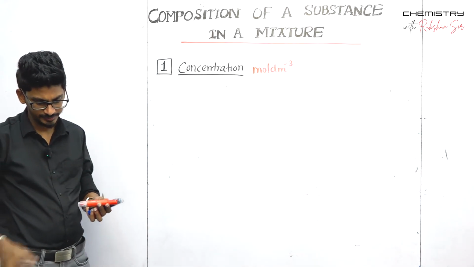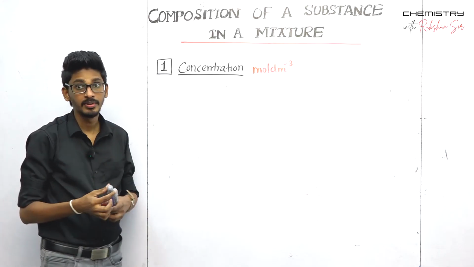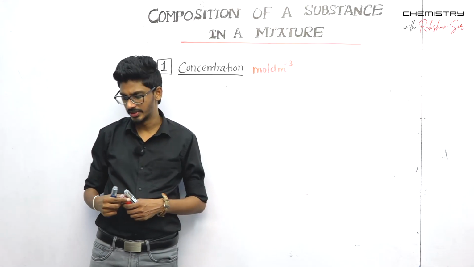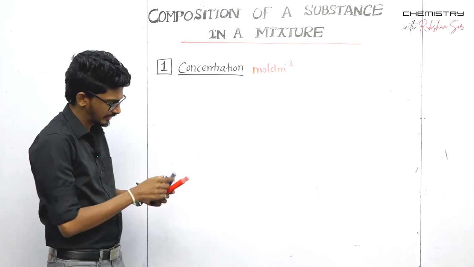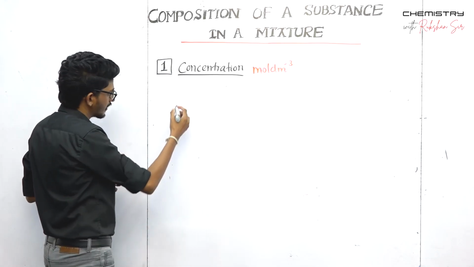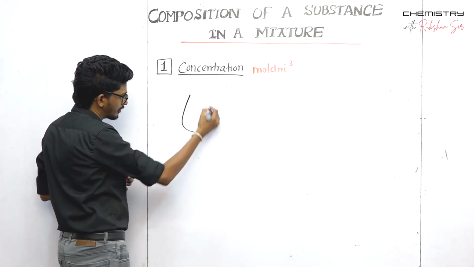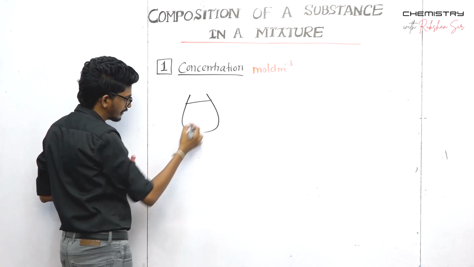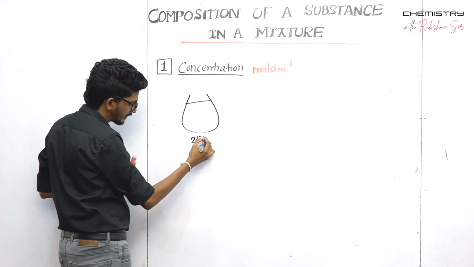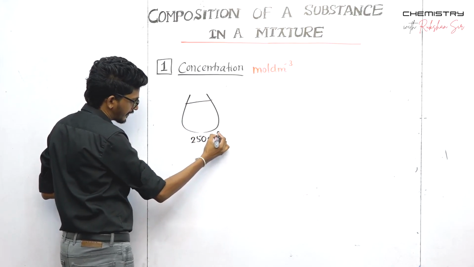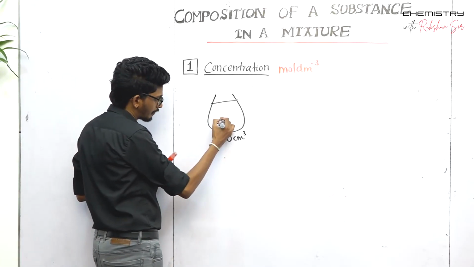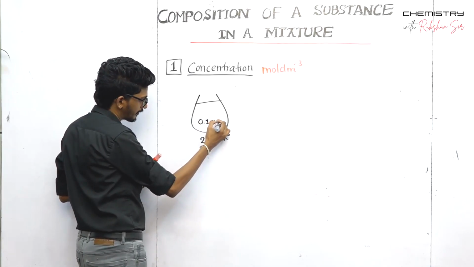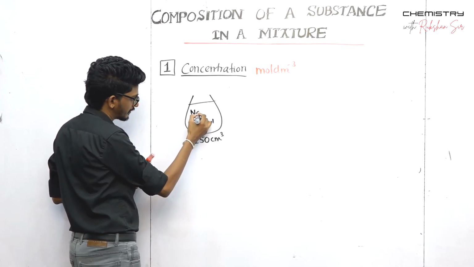Let's do this example. There's an example appearing in your notes on page number 5, and it says 250 milliliters, so 250 cubic centimeters, of a solution contains 0.1 mole of NaOH.